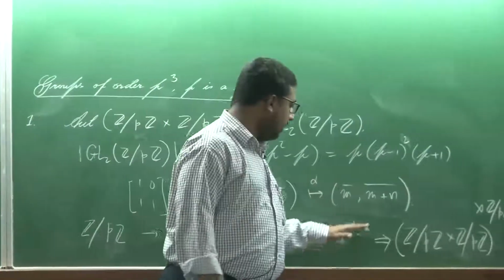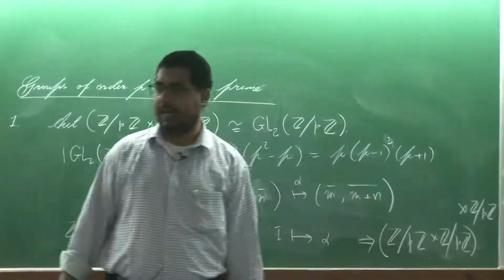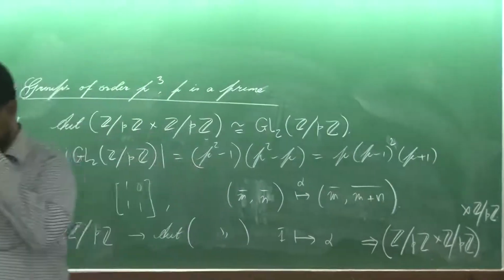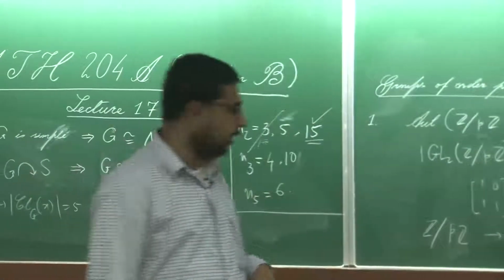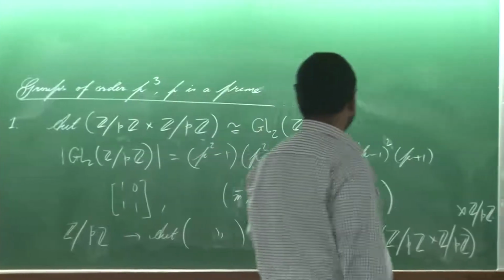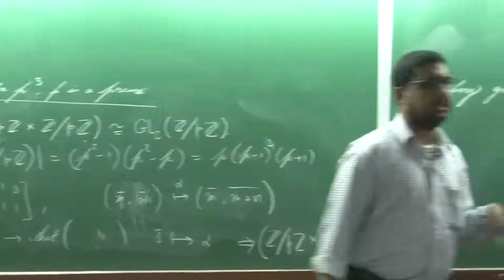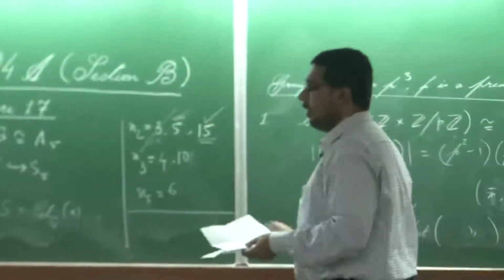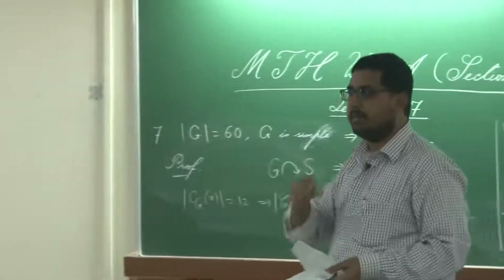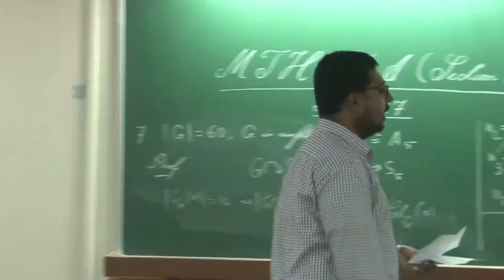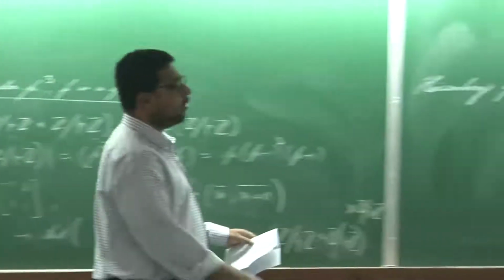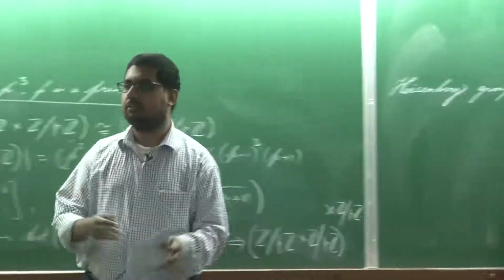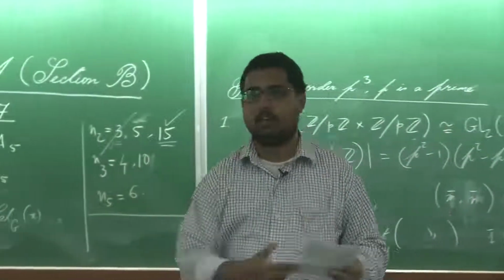In principle, for each such choice we get a similar group by taking the semidirect product. So it's natural to ask whether those semidirect products, for different choices of order P elements in this automorphism group, are isomorphic or not.